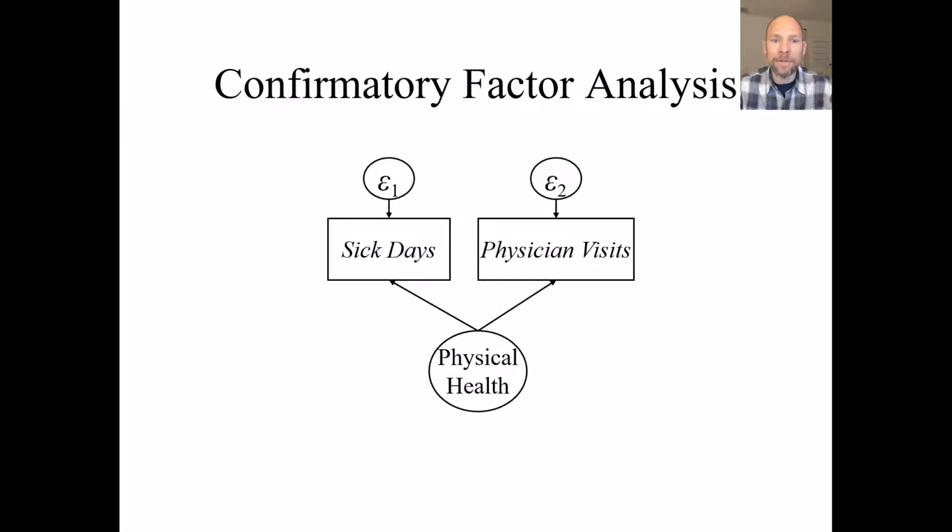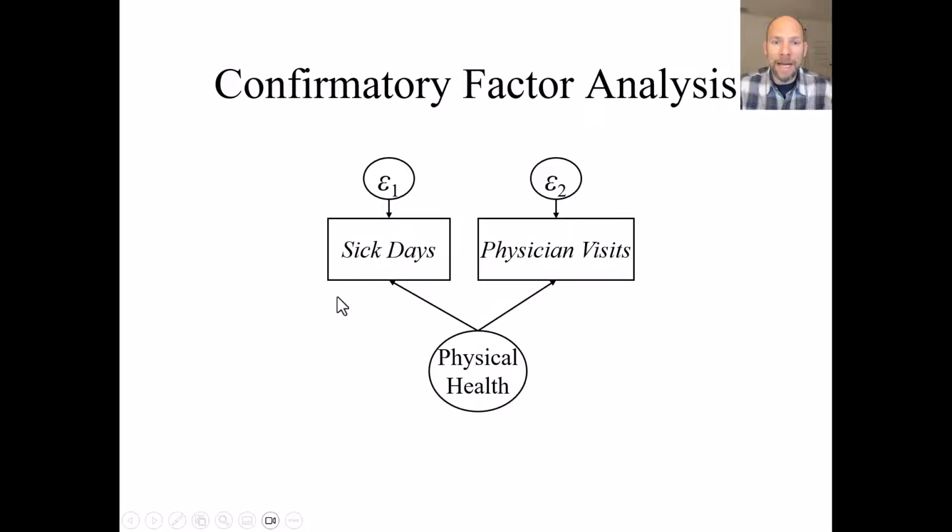In addition, there's residual variance in those manifest indicators. That residual variance is reflected by the measurement error variables epsilon 1 and epsilon 2, and the variances of these error variables are also estimated, and that's the measurement error variance component.